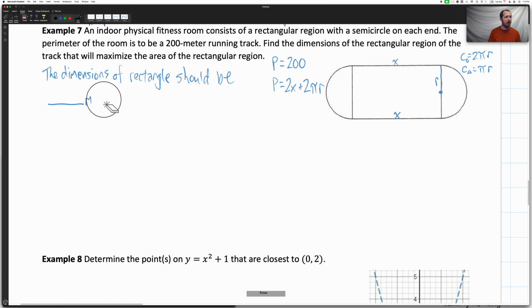I'm going to go ahead and say, because of the way the picture is drawn, wide by blank meters. Tall is not really the right word.